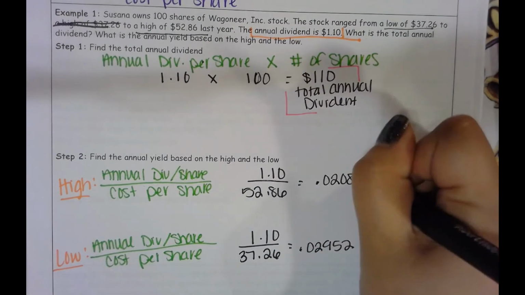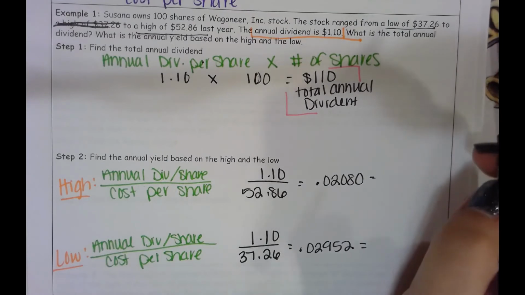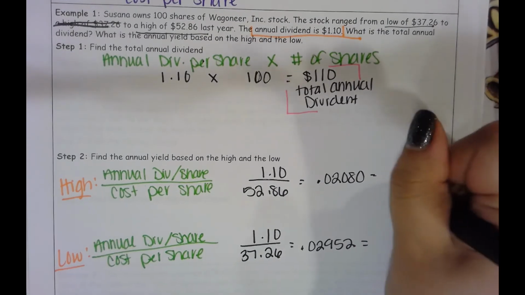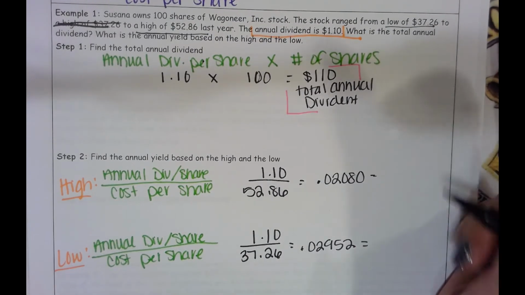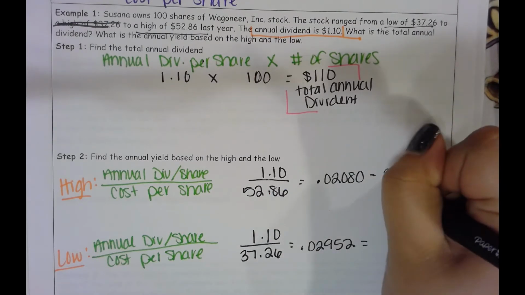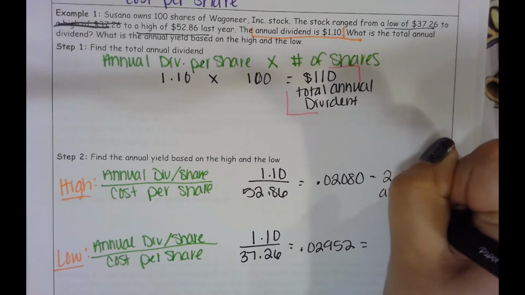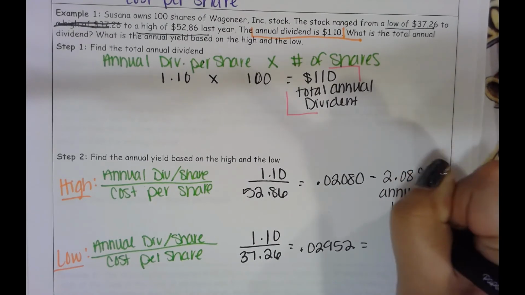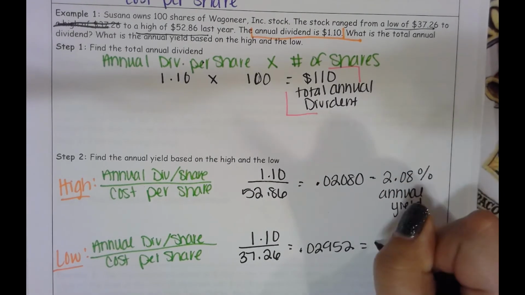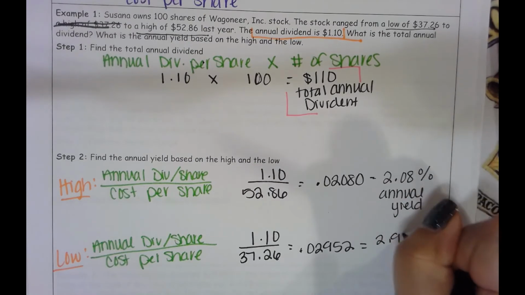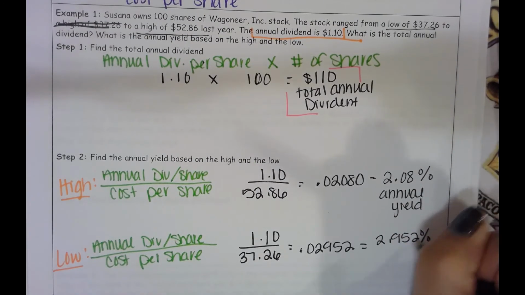But remember, we want it as a percent. So you can just take that number and multiply it by 100. You should get 2.08% as your annual yield, and 2.952% as your annual yield.